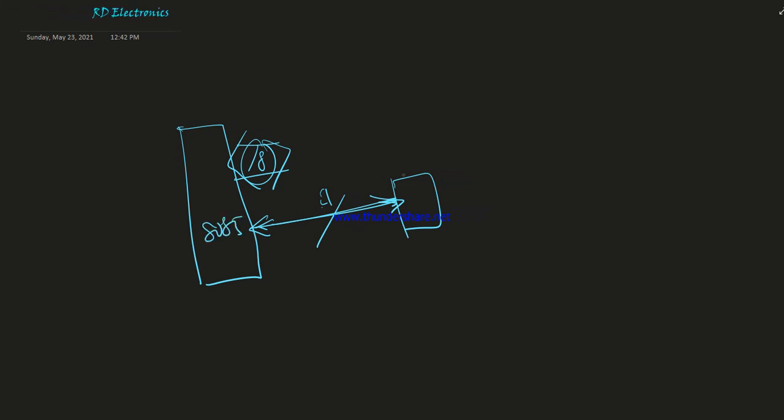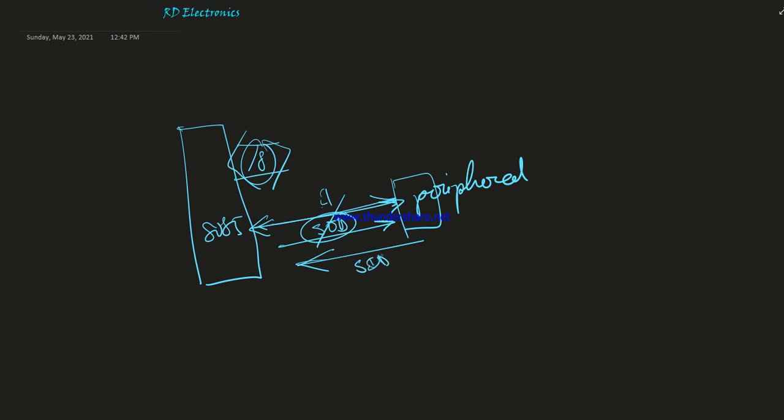This is the microprocessor and this is the peripheral device. We can transmit in either direction: from the microprocessor using the SOD line, and in the other direction we can read the status of the peripheral logic using the serial input data pin and the RIM instruction. This is done by RIM and this is done by SIM.